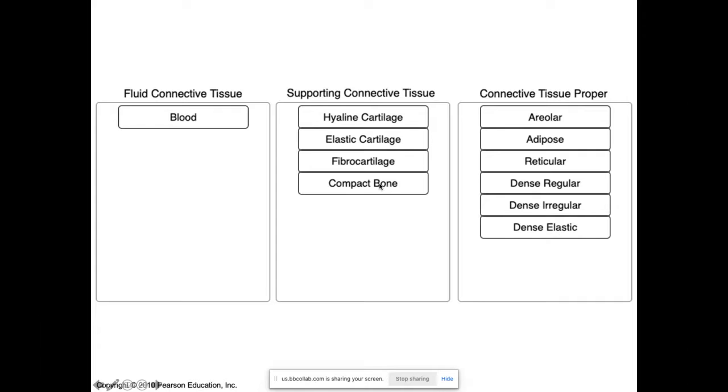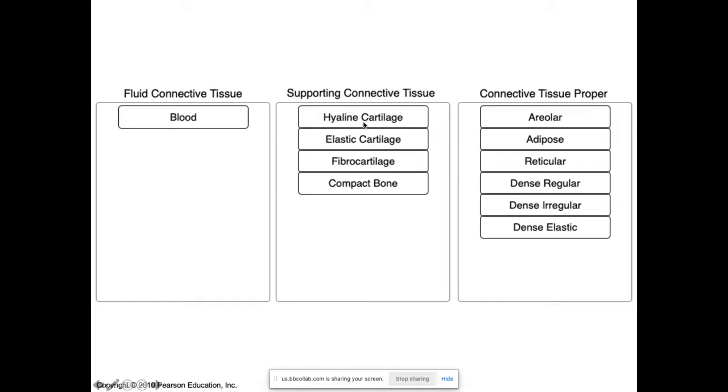Supporting, compact bone, remember the osteons, the lamellae, concentric lamellae, the periosteum, and then we talked about 3 types of cartilage, hyaline cartilage, elastic, and fibro. Fibro is the strongest. That's your intervertebral discs or even your pubic symphysis, which is where your pubic bones come together. Elastic is for flexibility.